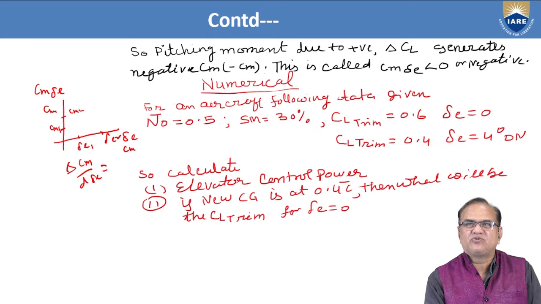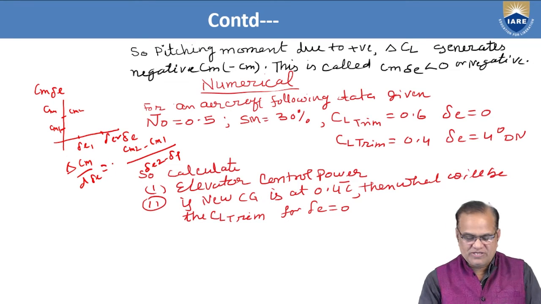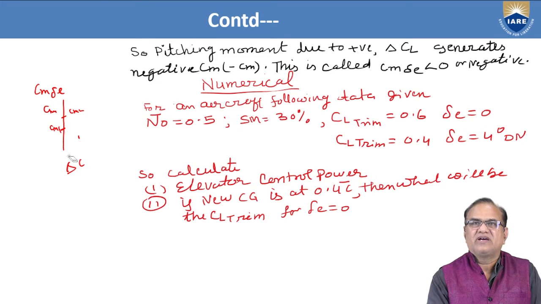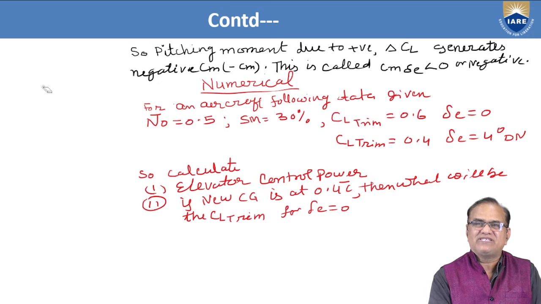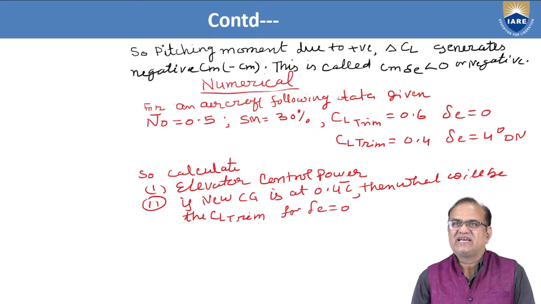It is Cm2 minus Cm1 divided by delta E2 minus delta E1. So, this is called dCm by d delta E. Okay, so you should try to understand this, that control power is the difference between Cm and delta E.